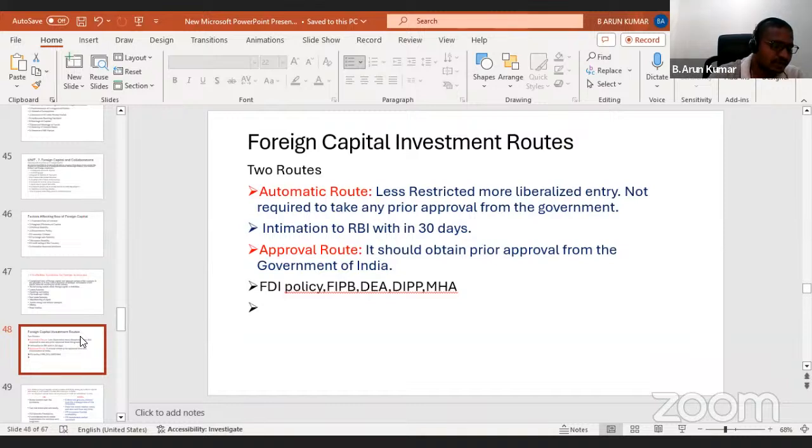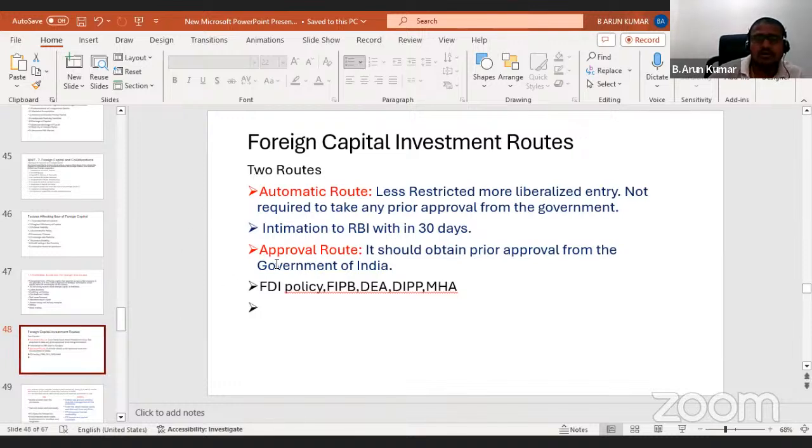It has been replaced, and FDI proposals requiring government approval are now handled differently. The Department of Industrial Policy and Promotion will direct the FDI proposals to the concerned ministry or department, and it will set up the standard operating procedures for the ministries which are now given the task of approving FDI requests.